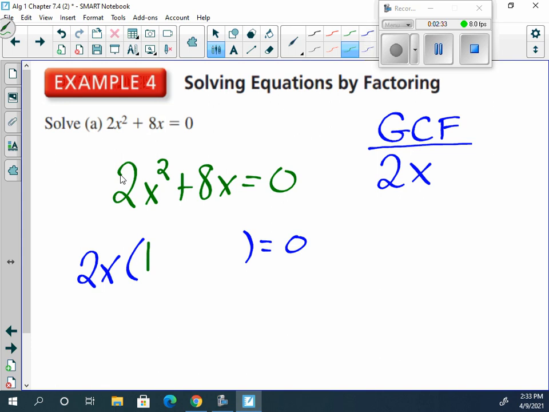So we have 1x. Plus, because we're not dividing by a negative, 8 divided by 2 is 4, x divided by x is 1. It simplifies to 1. So we would just have 4 times 1, or just 4.